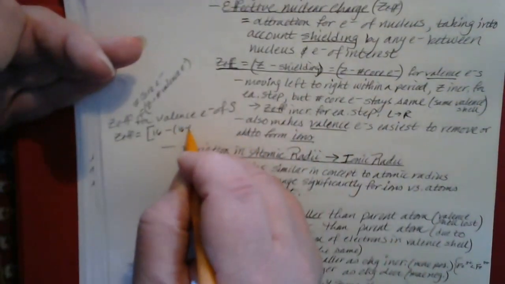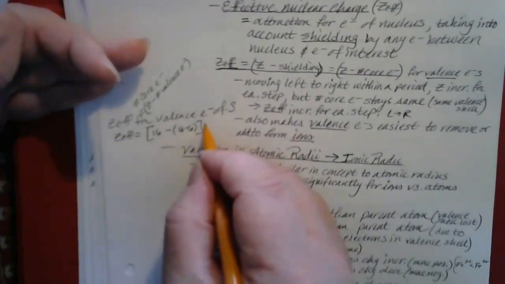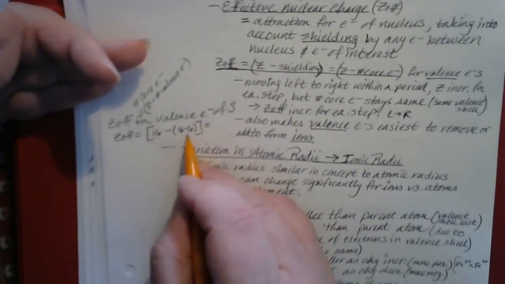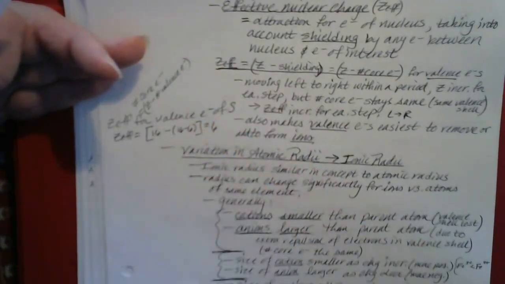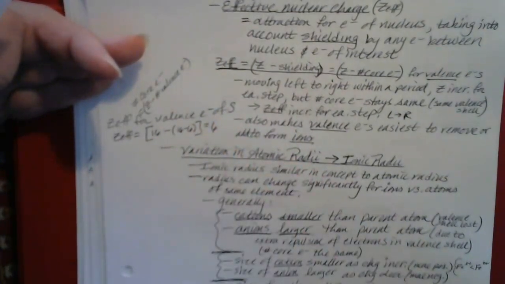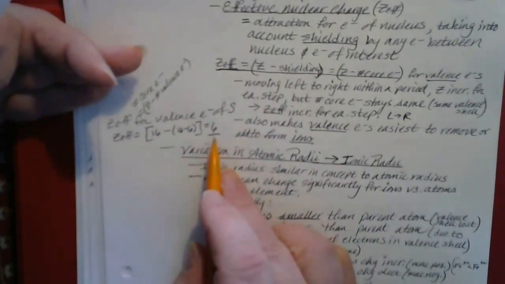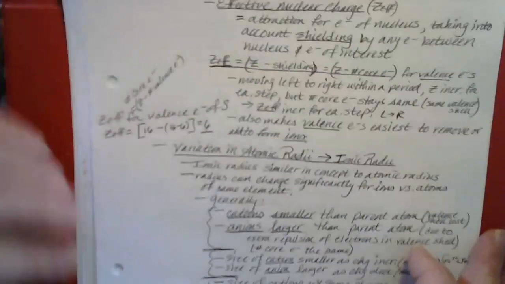So that's going to be 16 minus 6 for the number of core electrons. 16 minus 6 is 10, and 16 minus 10 is 6. So the effective nuclear charge on a valence electron in sulfur would be 6. And that's how you can do it for other elements as well.